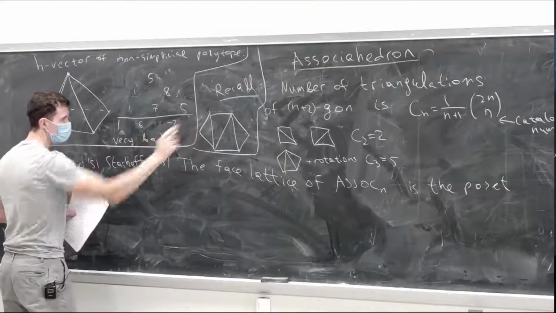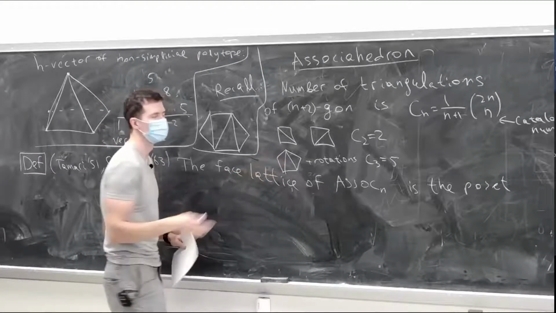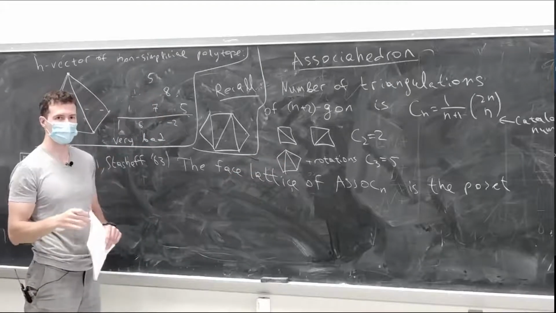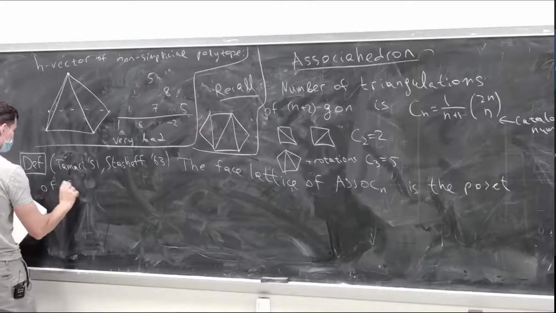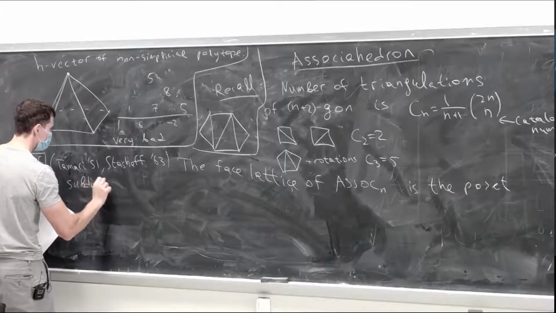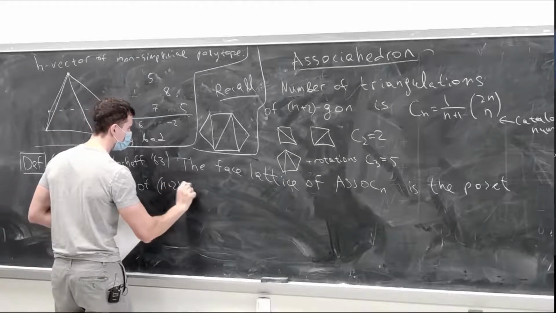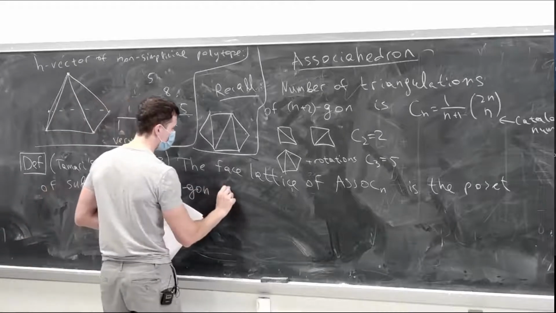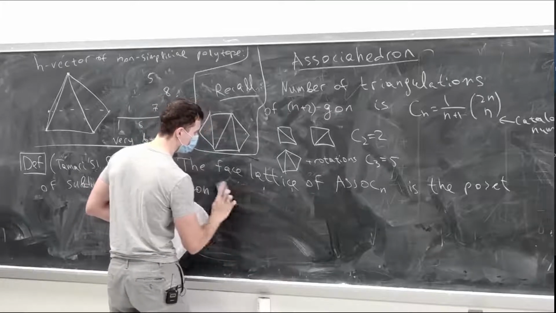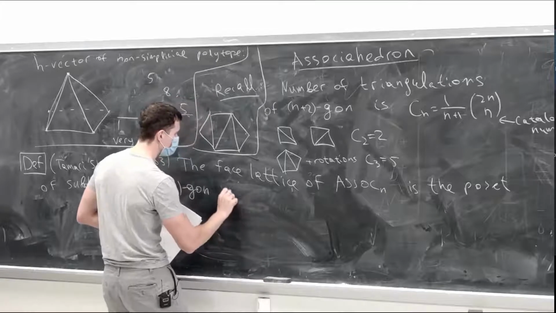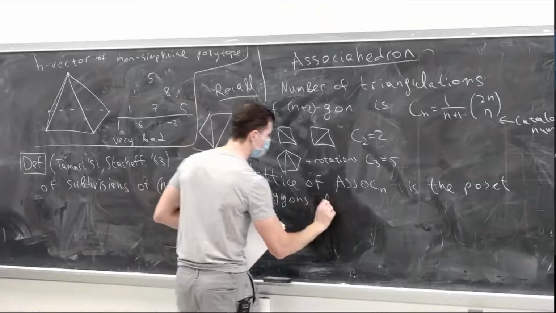Instead of taking just triangulations, I'm going to take all subdivisions of an n+2 gon using some of the non-crossing diagonals. The poset of subdivisions of an n+2 gon into polygons by diagonals.